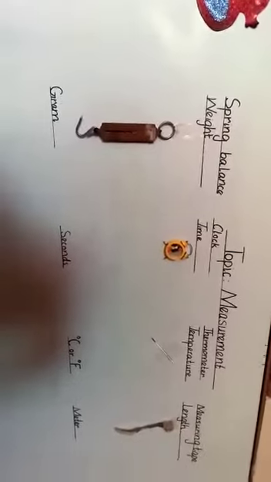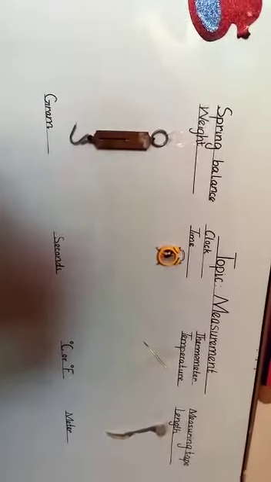And now grade 3, I will show you some measuring instruments on the board. Like you see here, the first measuring instrument that I pasted on the board is the spring balance and it is used to measure weight and its unit is gram.